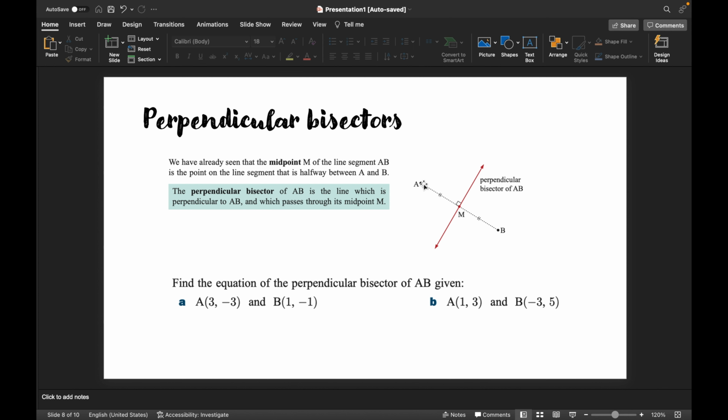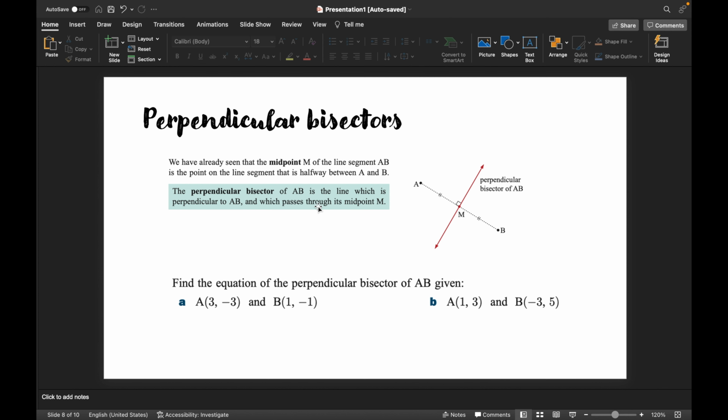So if we have the points A and B, the perpendicular bisector of AB would cut AB in such a way that AM equals MB. So a perpendicular bisector involves a combination of finding the midpoint and then finding the gradient of the perpendicular line. First I will explain how to find the equation of a perpendicular bisector, and then we'll move on to working out the examples.